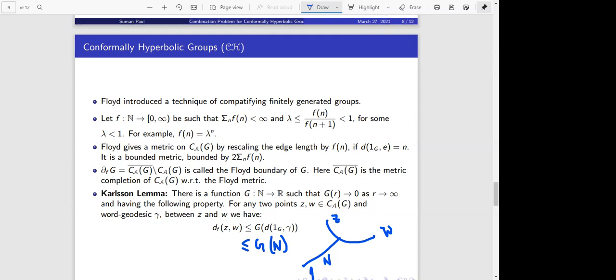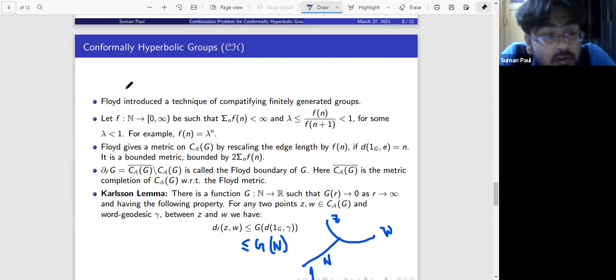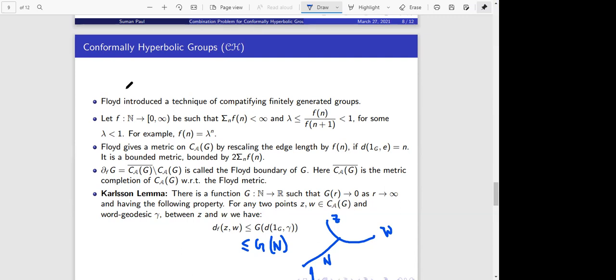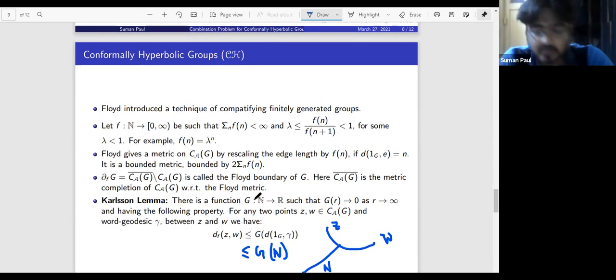So the proof of this lemma, Karlsson's lemma, is it constructive? I mean, how does he show that this function G exists? Yes, it is constructive. Basically, this is the tail of the series.